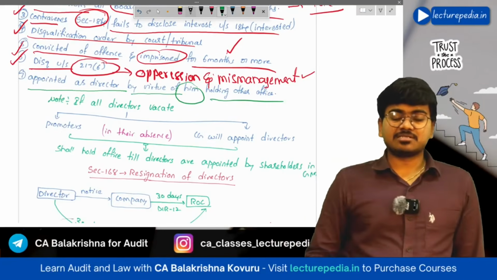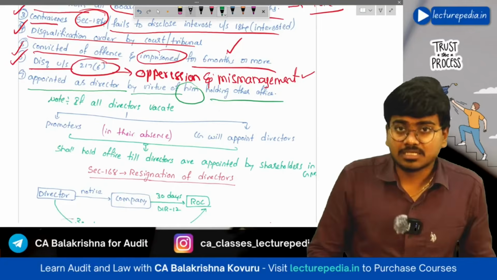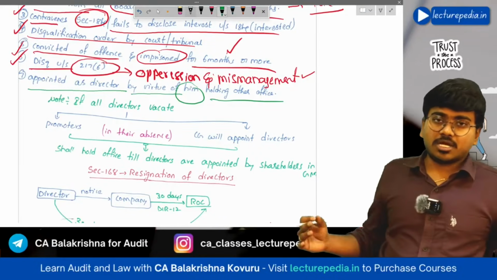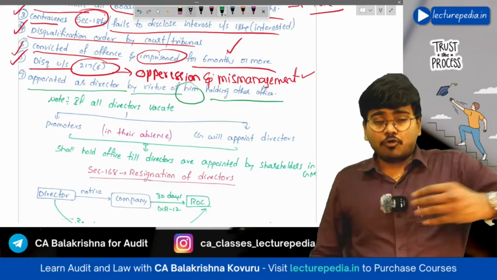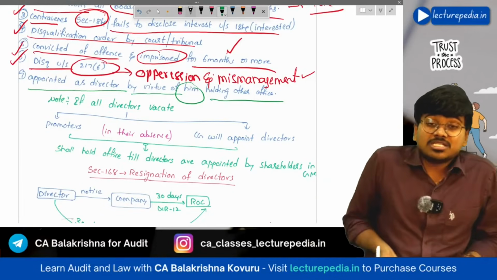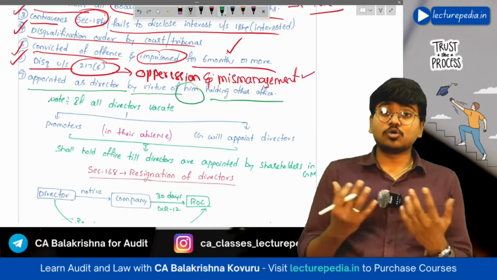Now, a special scenario. Let's say the company has 4 directors. If all these 4 directors got hit by any of these points and vacated their office at the same time, then there is no director in the company. How to deal with this situation?